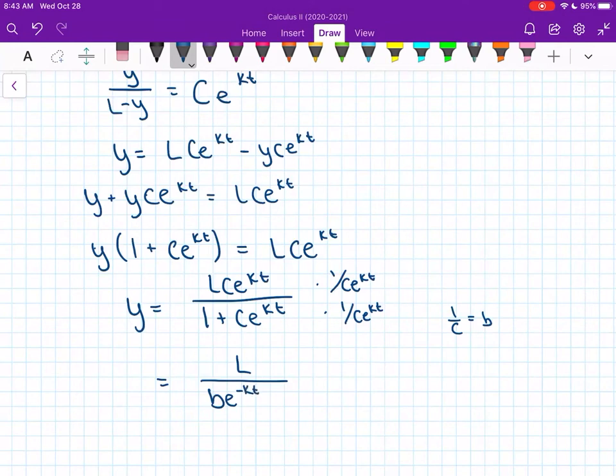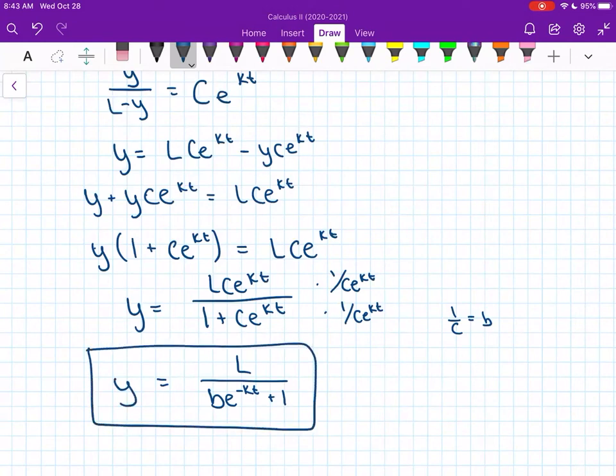Let's call it B. So then I get B e to the negative kt plus 1. Okay, and that's going to be our general solution, where B, L, and k are constants.